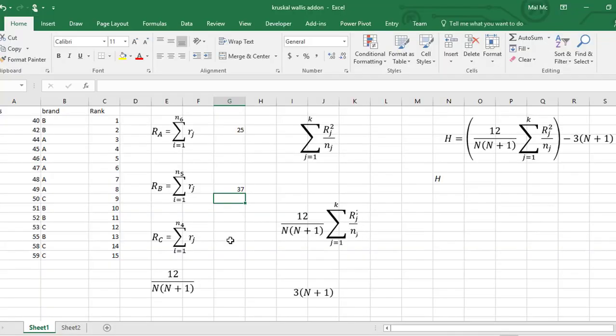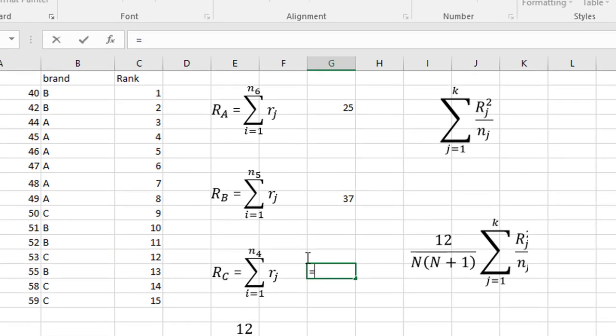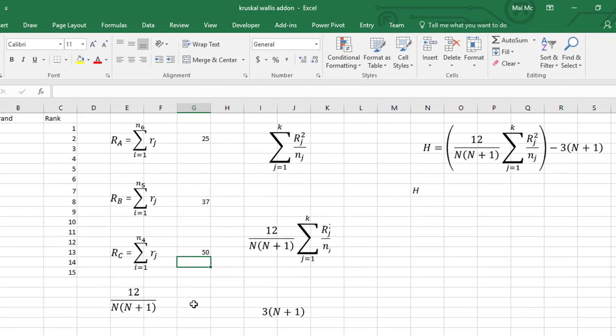So now for our C, we'll just say equal, look for all the C's. So we have 9 plus 12 plus 14 plus 15, and we have 50. So we have RC being 50, RB being 37, and RA being 25.